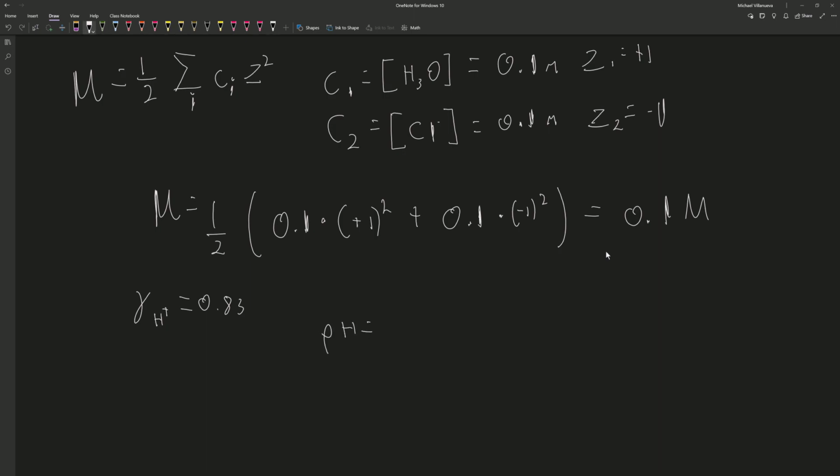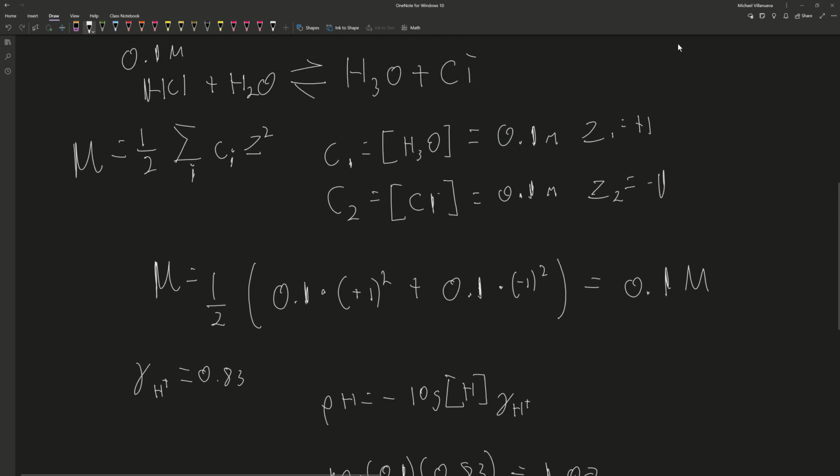Originally, pH is equal to negative log of the H concentration. This time we are going to multiply it by the activity coefficient of H plus. So this gives us negative log of 0.1 multiplied by 0.83, which gives us 1.08 as an answer.